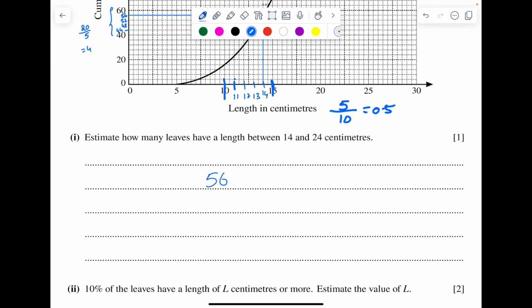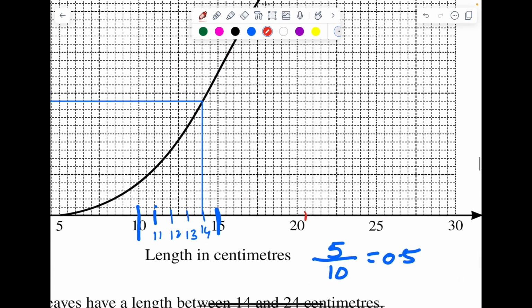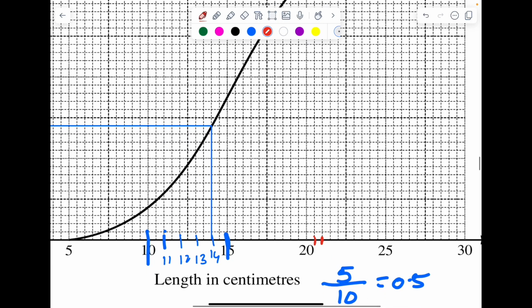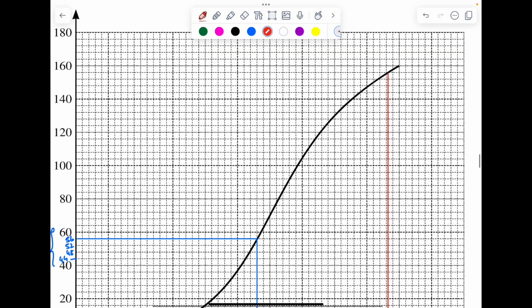56. Then for 24, 22, 24. So 2 lines, 21, 22, 23, 24. So from 24, draw the line, hit the graph, then bring it over here.